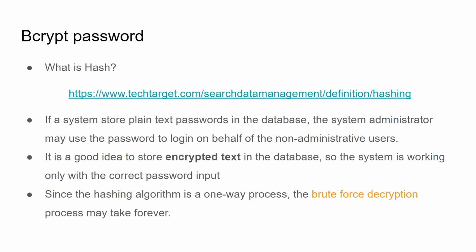The hashing algorithm is one way, so you cannot just take the encrypted one, the very long encrypted text, do some process and then get the plain one. You cannot do that.